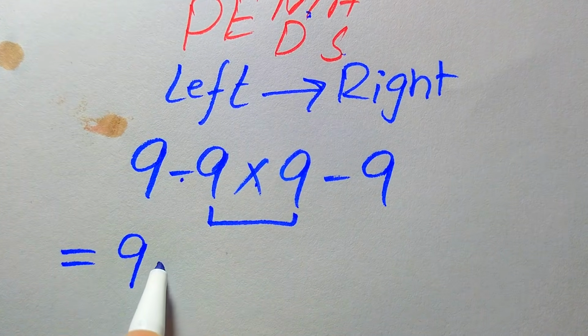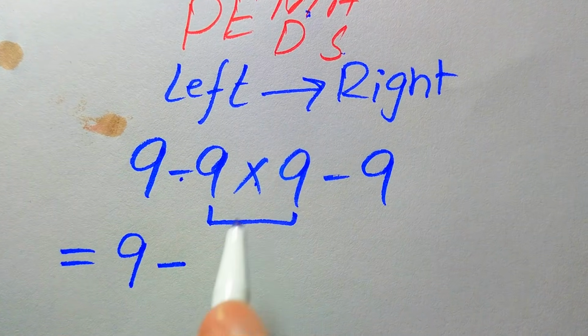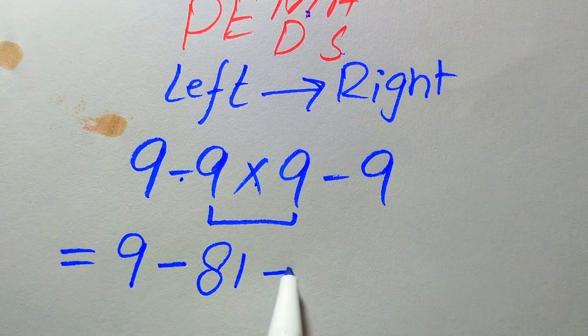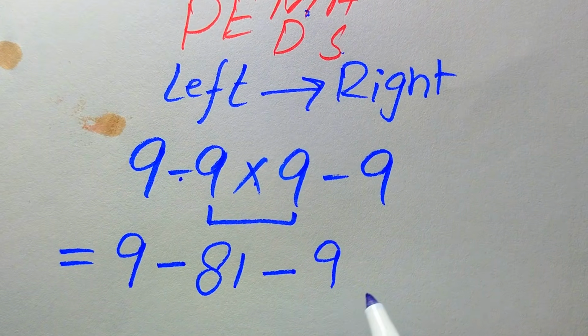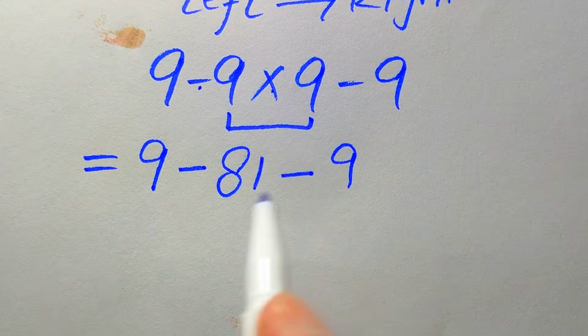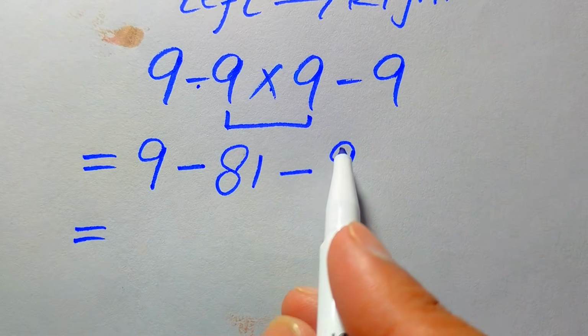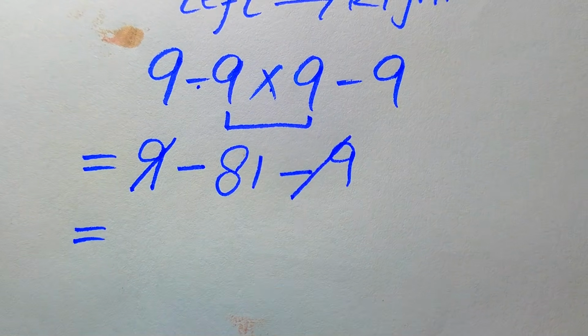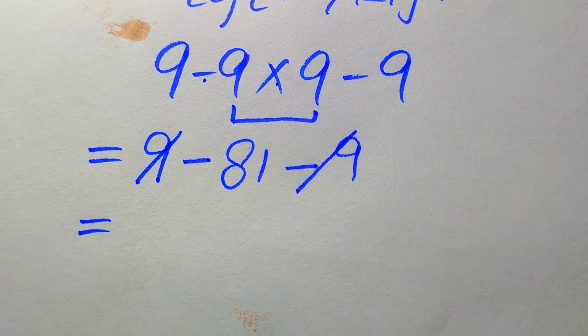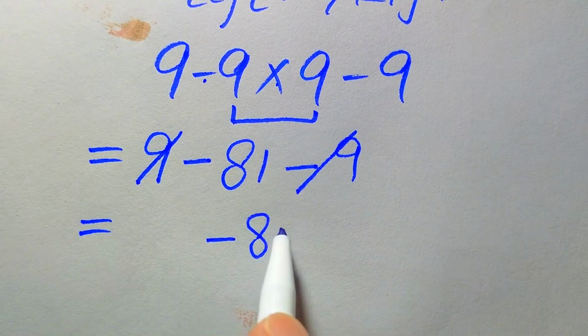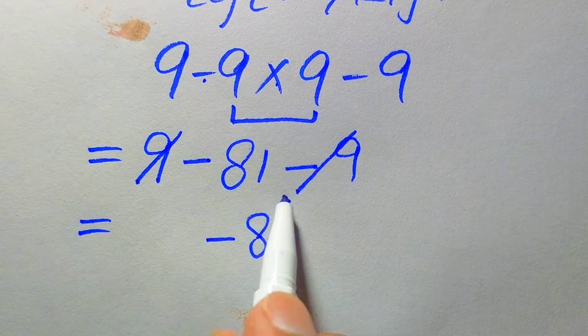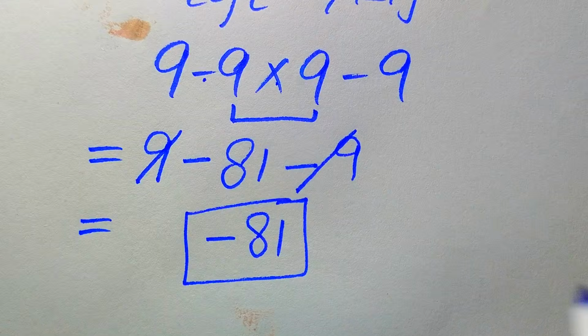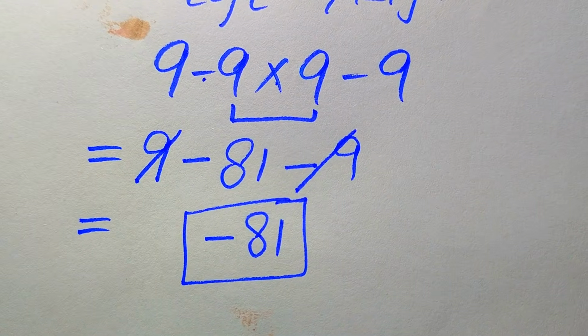So we have 9 minus, this is 9 times 9 becomes 81, and this is minus 9. And further you see here this minus 9 and this plus 9 cancel out each other and we get just minus 81. So this is our final answer to this question.